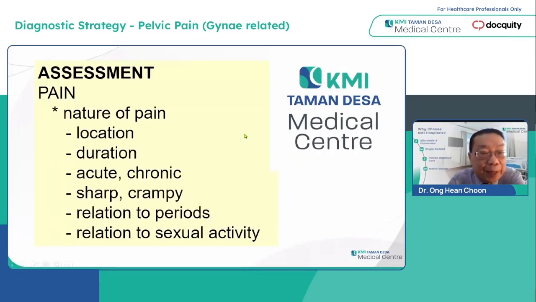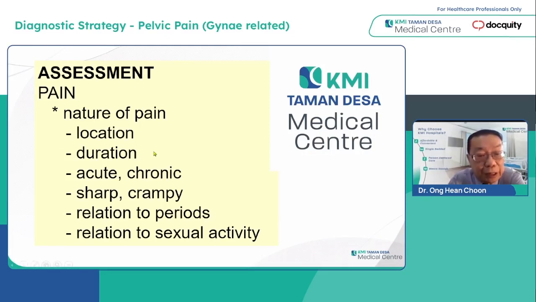In the proper assessment of pain, you may want to look at the nature of the pain. You want to know the location. For example, is it suprapubic, just above the pubic bone, or is it at the sides, maybe in the RIF or in the LIF?